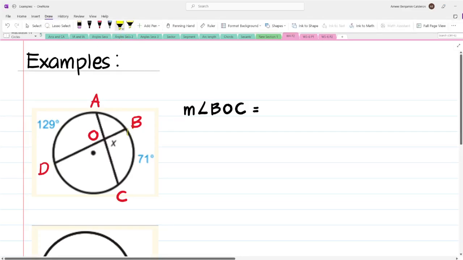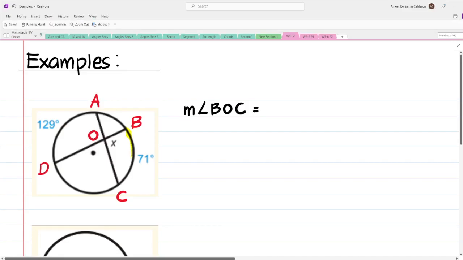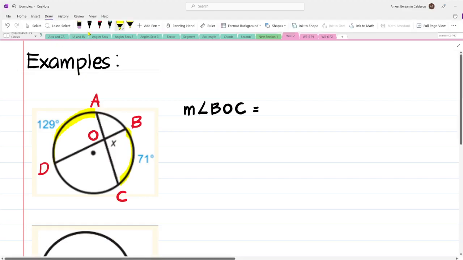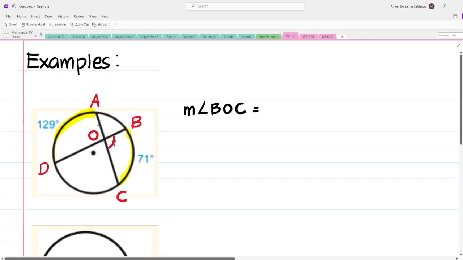The intercepted arcs are this arc right here and that arc right there. Because this clearly is an intercepted arc. However, this angle that we are looking for and this angle right here are vertical angles, so they have the same measurement. That being said, arc AD can also be considered an intercepted arc.